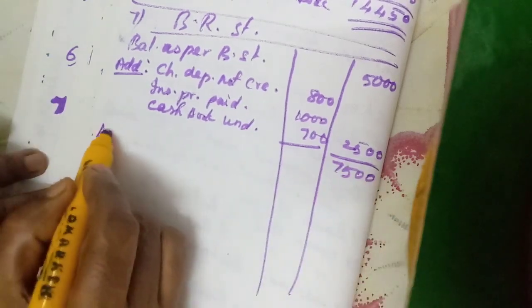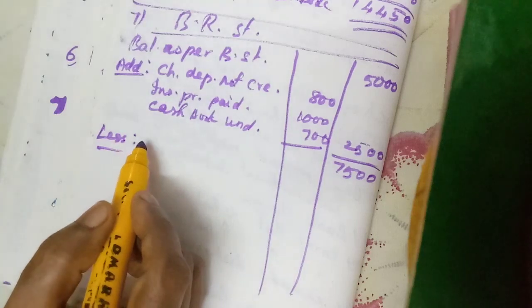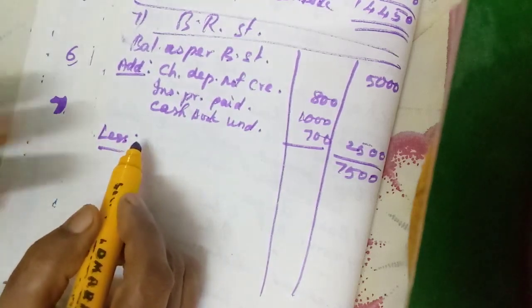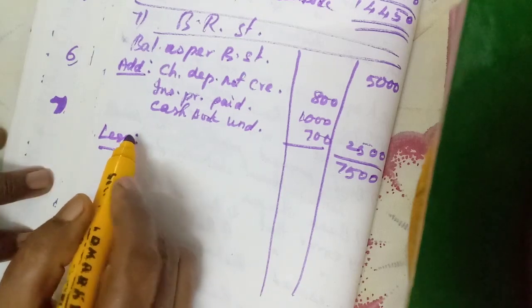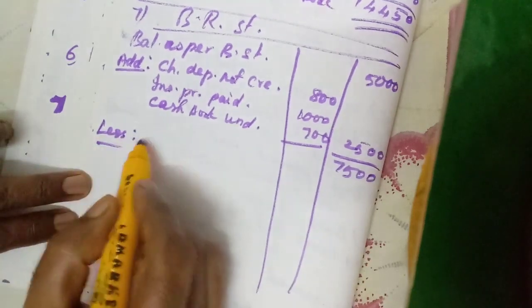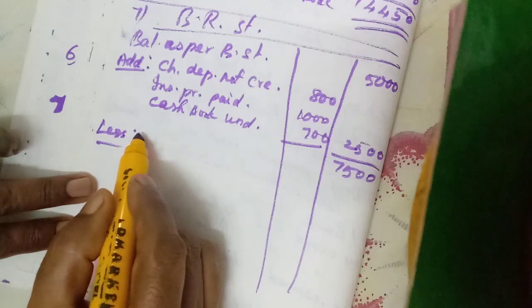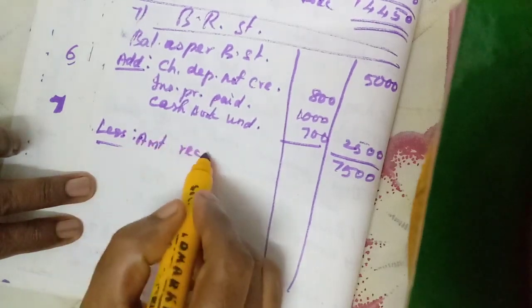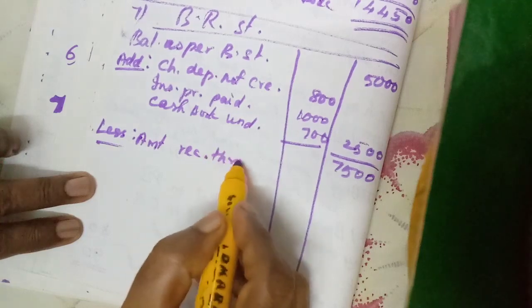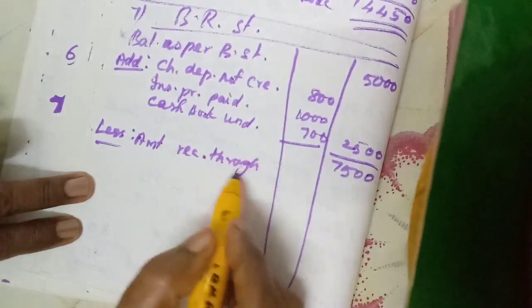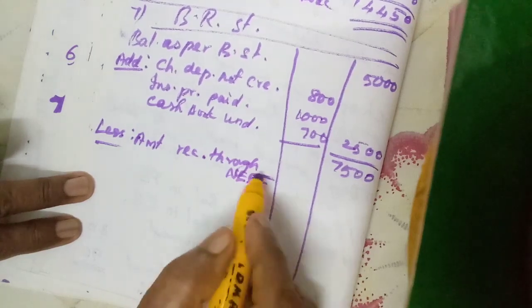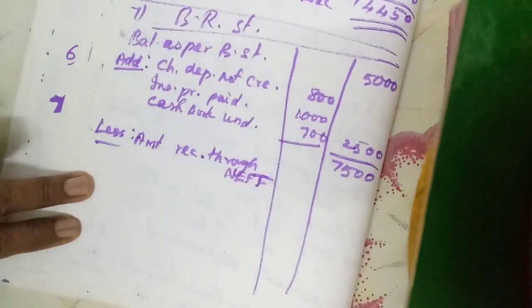Then less: amount received through NEFT, 3,000.